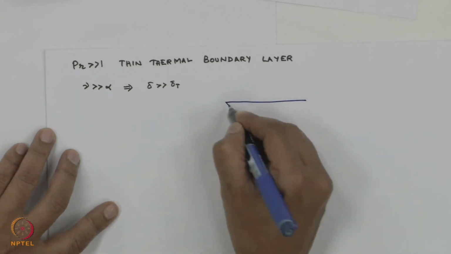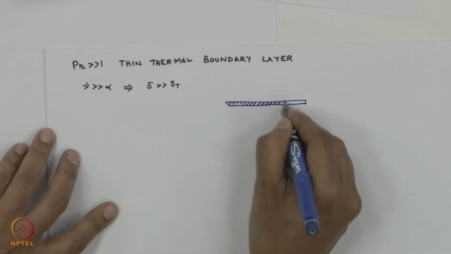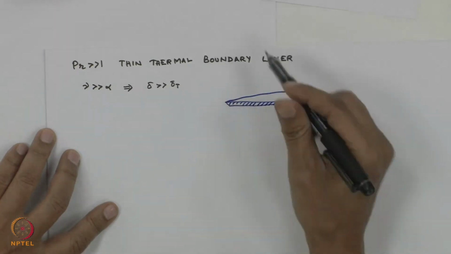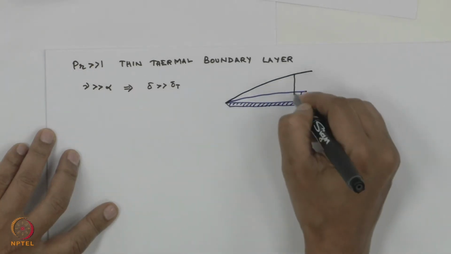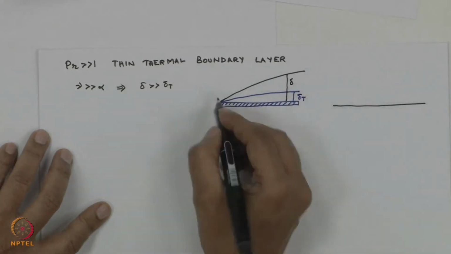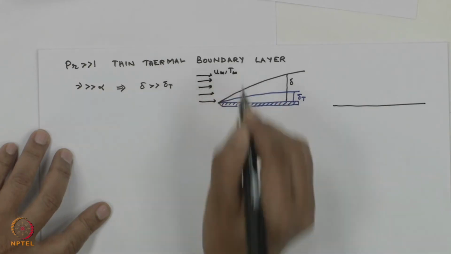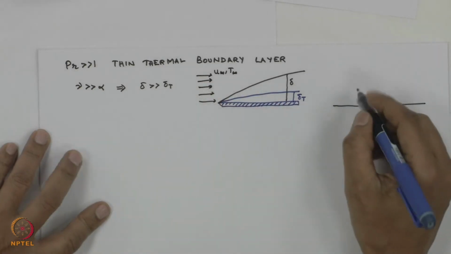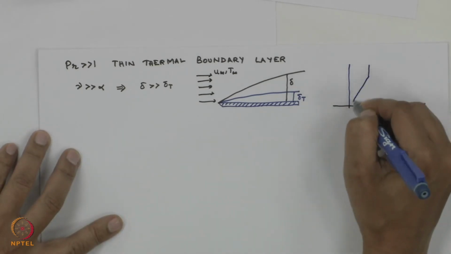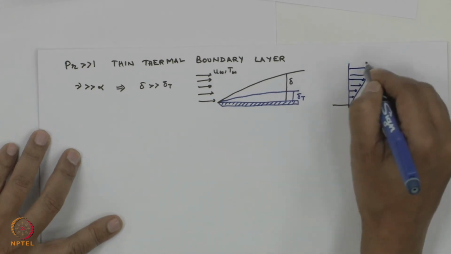So if I take the flat plate, this is my delta T and this is my delta. Now if I were to plot the temperature, of course you have U infinity and T infinity flowing. So now you have the velocity distribution varying, delta is large, so your velocity is varying like this, U infinity.